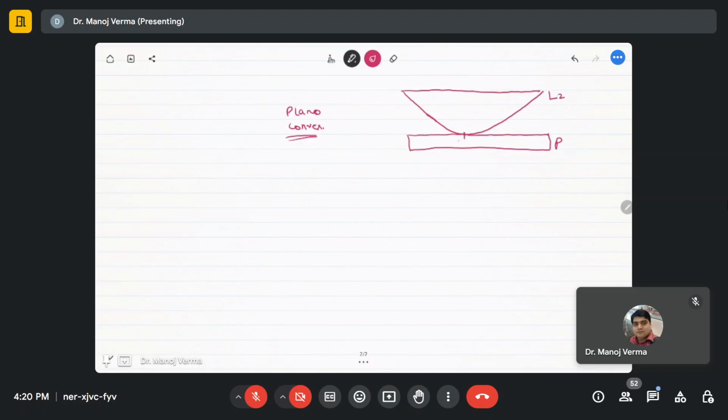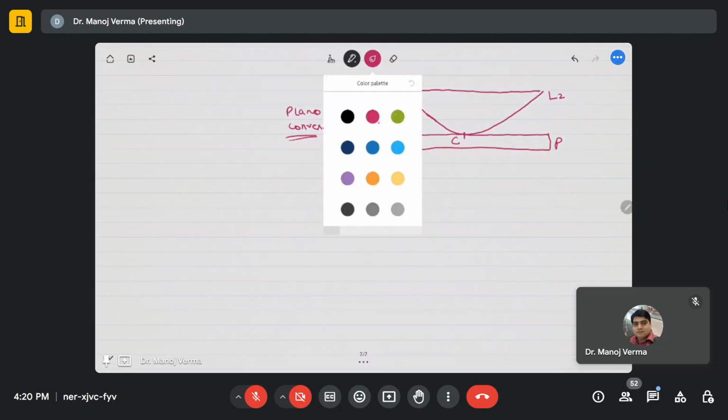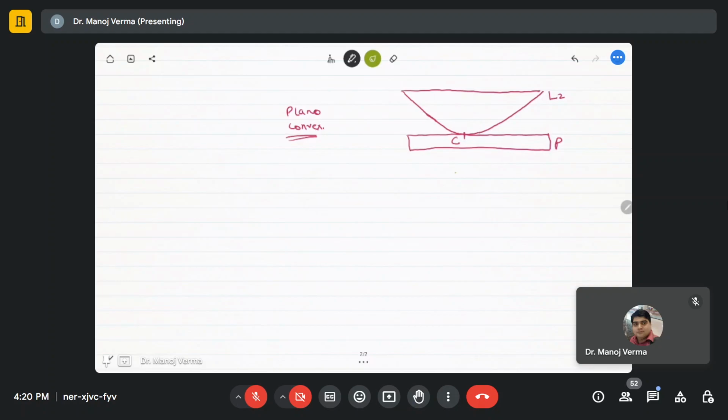Let's say that point is C. Let us consider this plano convex lens is touching this glass plate at a point C, and hence because of this geometry, it encloses a thin film of air in this region. Above is the glass plate, above is the plano convex lens, below is the glass plate, so the space in between is filled with air.